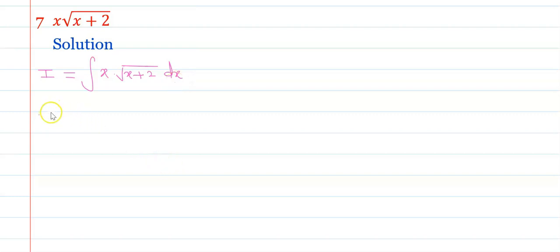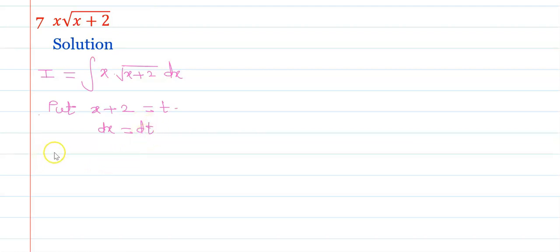Now here again this substitution is important. dx is present here, derivative of x is dx. Therefore, the radicand is important. Put x plus 2 equal to t. Therefore its derivative dx is equal to dt.